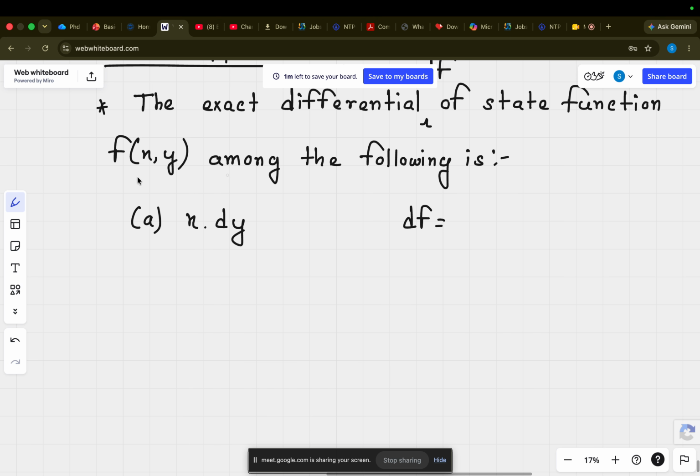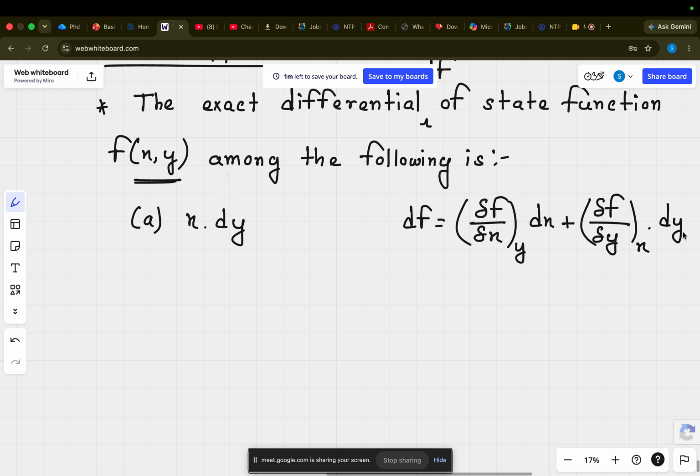They have clearly mentioned it is a function of x and y, so df is del f by del x, the constant is the remaining y, into dx plus del f by del y, with constant x, into dy.